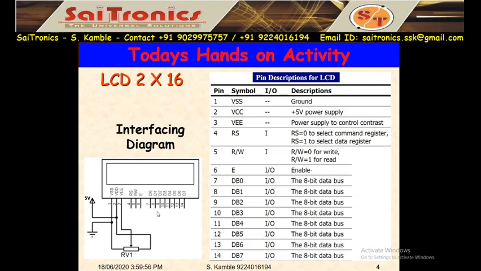Then pin numbers 7 to 14 are D0 to D7. LCD can be operated in 3 different modes. First mode is 8-bit mode, known as byte mode initialization. At that time D0 to D7 are used. Second is nibble mode.